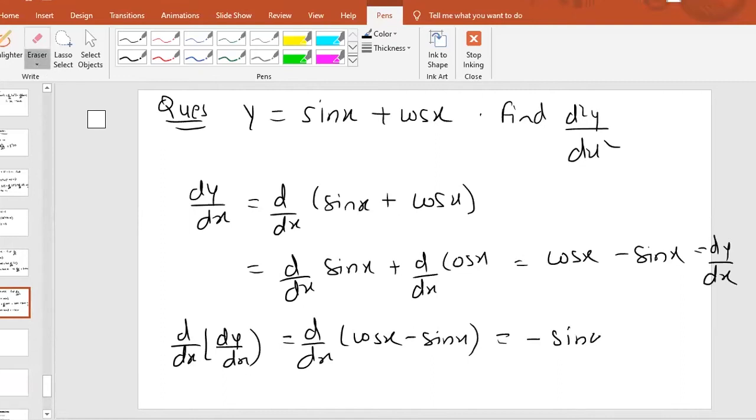Differentiation of cos x with respect to x is minus sin x, and differentiation of sin x is cos x. So the answer would be minus sin x minus cos x. Very good. So most of you have got the answer correct.